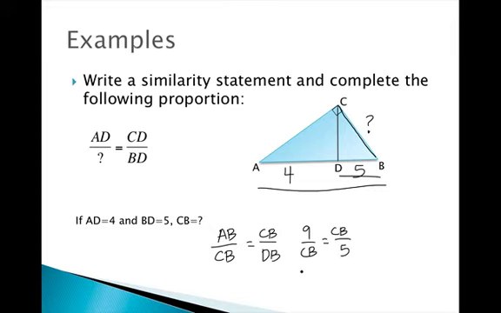Cross multiply, and we get CB squared equals 45. So the length of the leg, CB, is approximately, if we take the square root of 45, 6.7 units. And there's your answer. You were able to solve the length of the leg using the last theorem of geometric means.